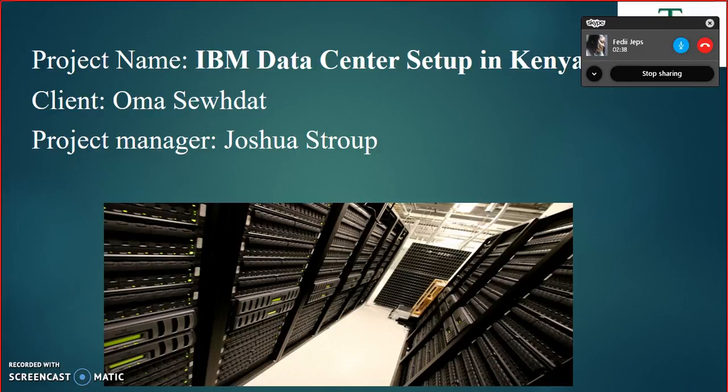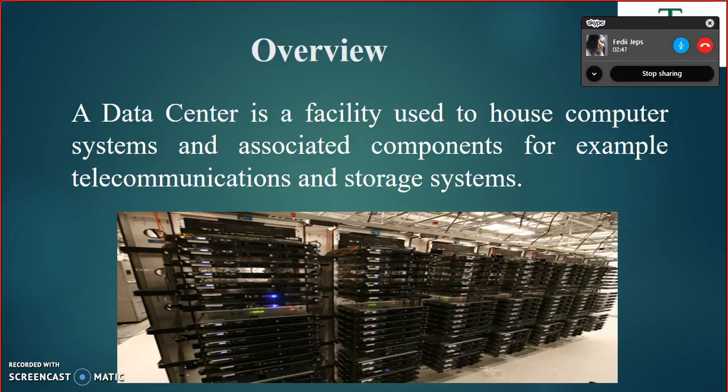As you can see, that's a typical data center. That's exactly how data centers look. I'll start with the overview. A data center is a facility used to house computer systems and associated components like telecommunications and storage systems.